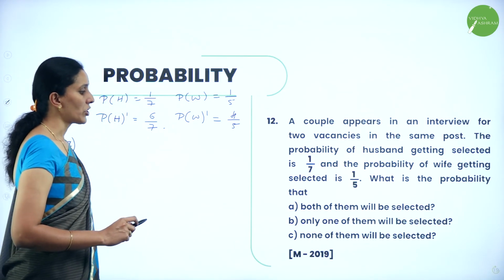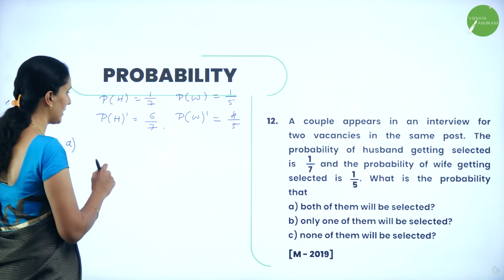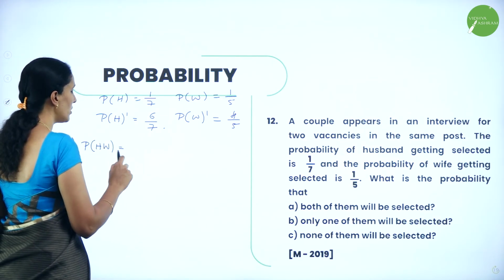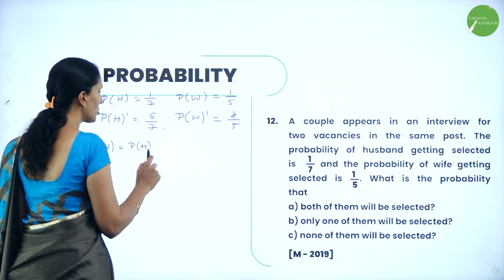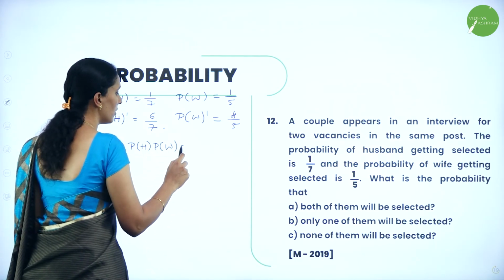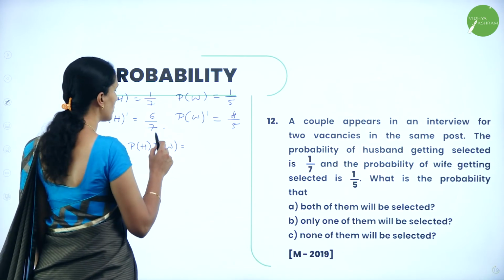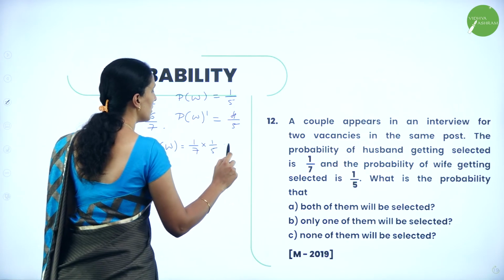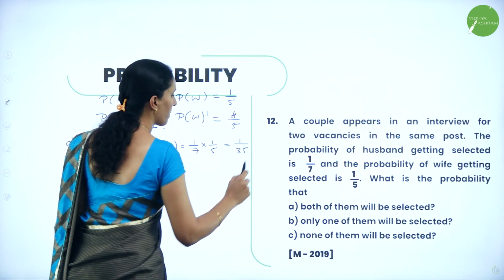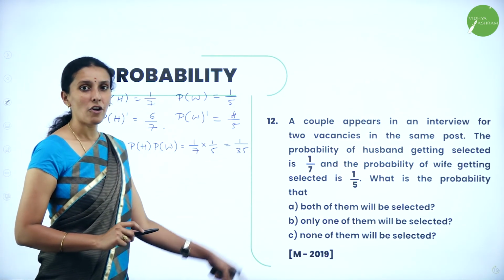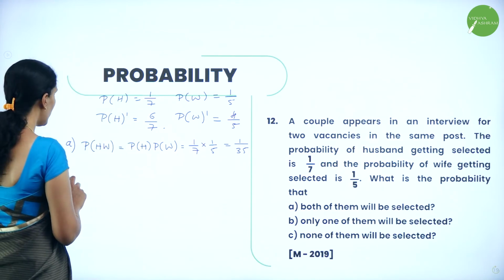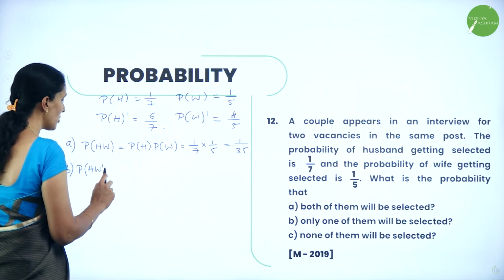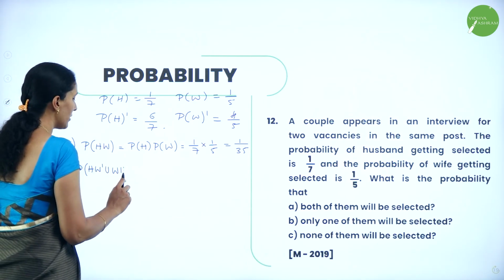The first question is both of them will be selected. That is the probability of H and W, which means probability of H times probability of W. They are independent events, so it is 1/7 into 1/5, which is equal to 1/35. Next, only one of them will be selected. We write it as the probability of H W dash union W H dash.